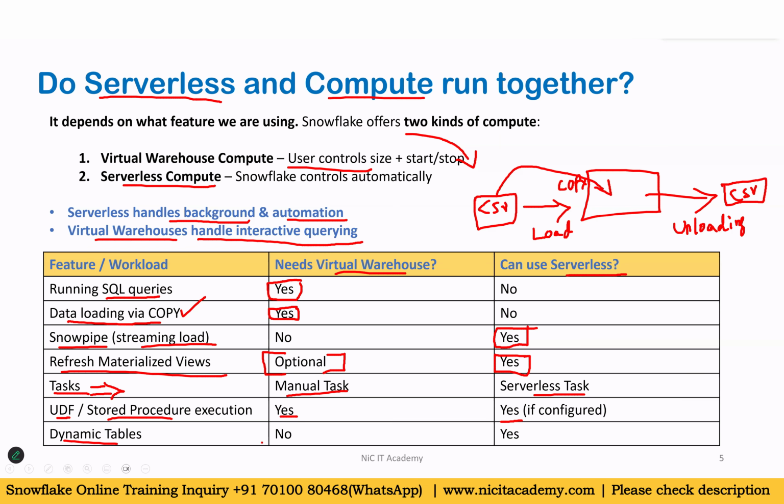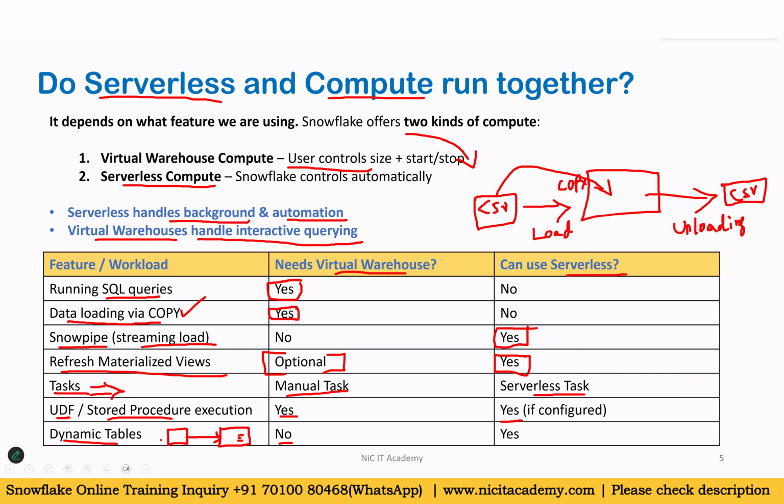So dynamic tables are an automated process. Have you seen SCDs, slowly changing dimensions? If the source data is getting updated, inserted or deleted, normally in any other ETL we will run a batch process to insert, update, delete in Snowflake or any other database. But here we have one concept called dynamic tables in Snowflake.